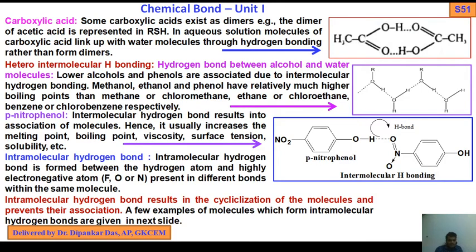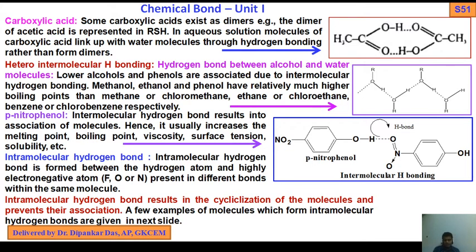But in intramolecular hydrogen bonding, there is no association with other molecules, so no increase of molecular weight. Instead we get cyclization of the molecule, a ring can be formed. Let's move on to the next slide to discuss examples of intramolecular hydrogen bonding.